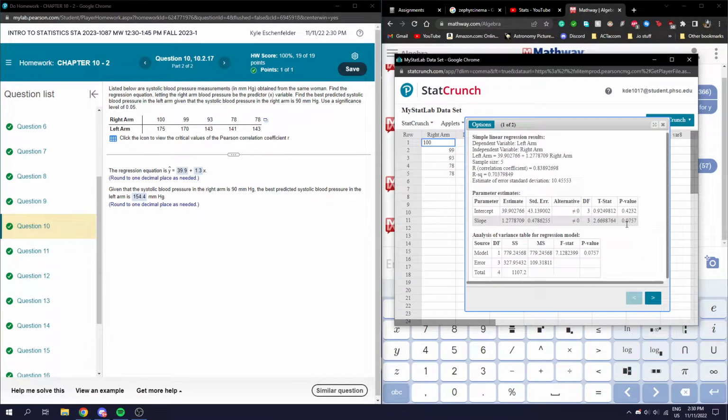So that's higher. Okay. Oh, here we go. I'm glad I found this. So since the p-value is higher than 5%, that's 5%.